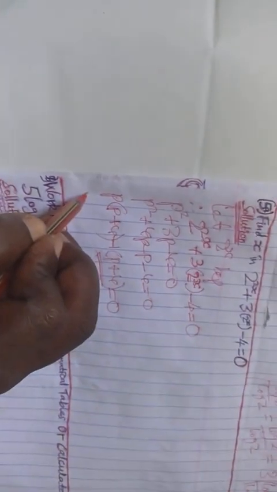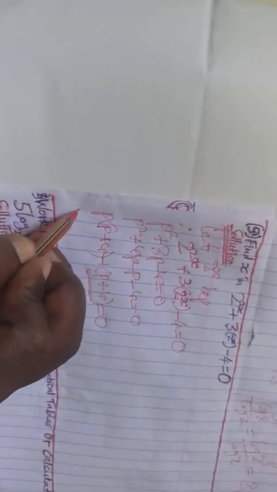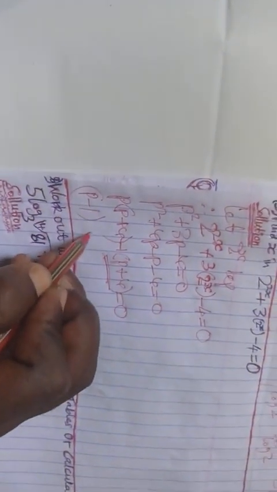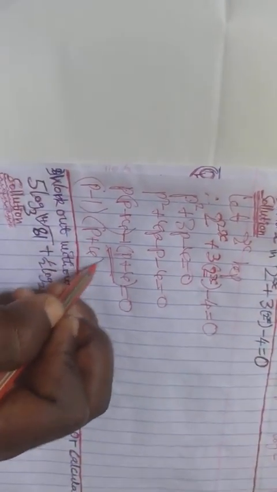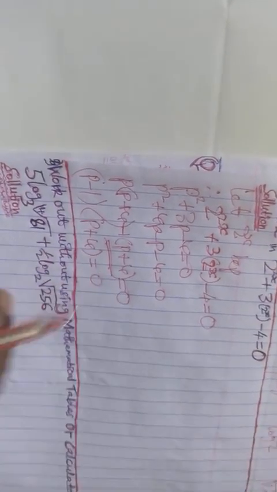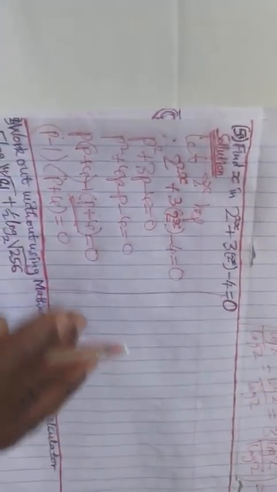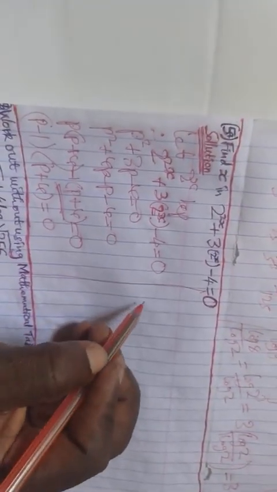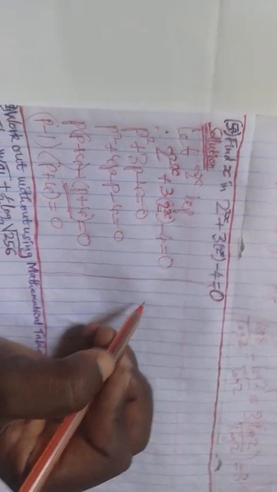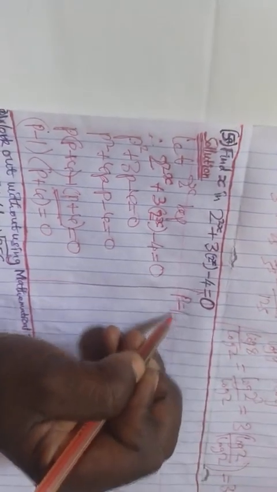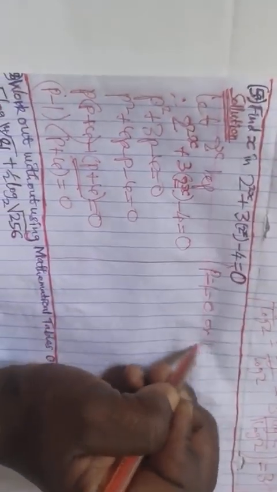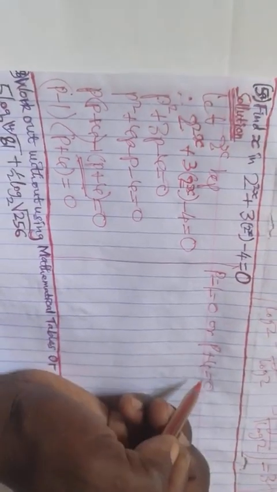Therefore we say p minus 1 into brackets p plus 4 is equal to 0. For this question, we are going to say that p minus 1 is equal to 0 or p plus 4 is equal to 0.